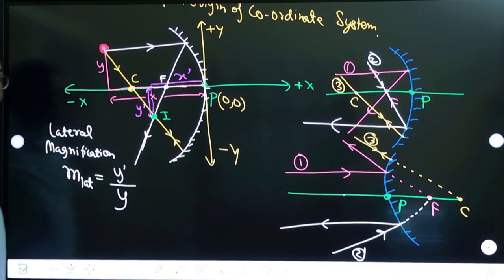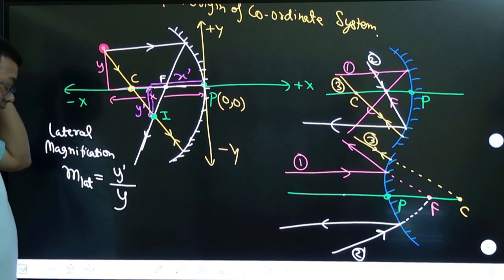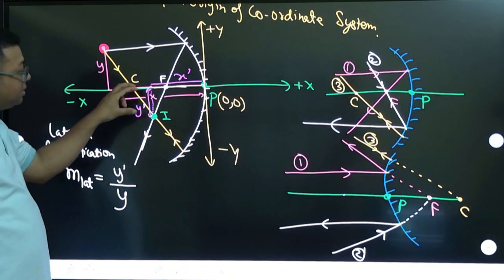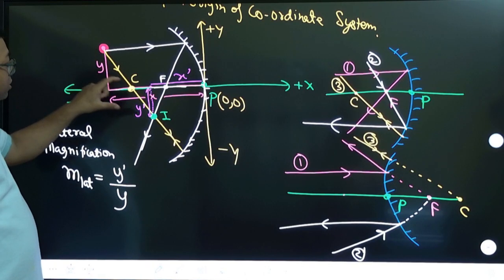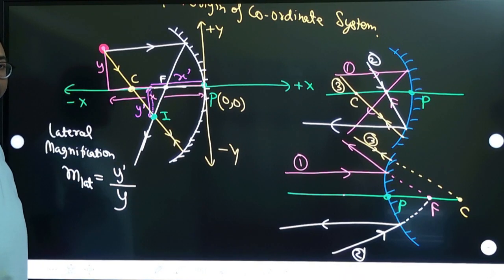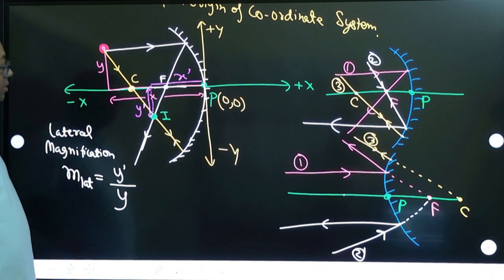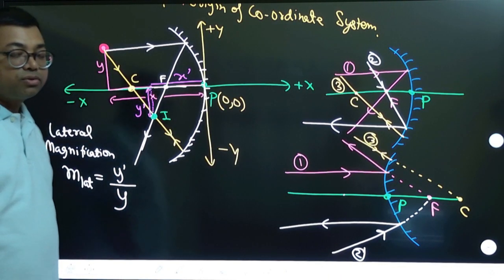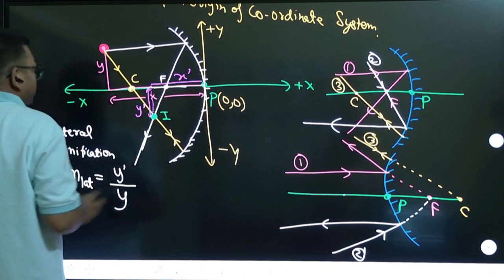There cannot be any confusion here. Suppose y dash is 10 centimeter and y is 5 centimeter. I will write y dash as negative with proper sign convention, and y as positive. It's the same idea. Now let us do that.